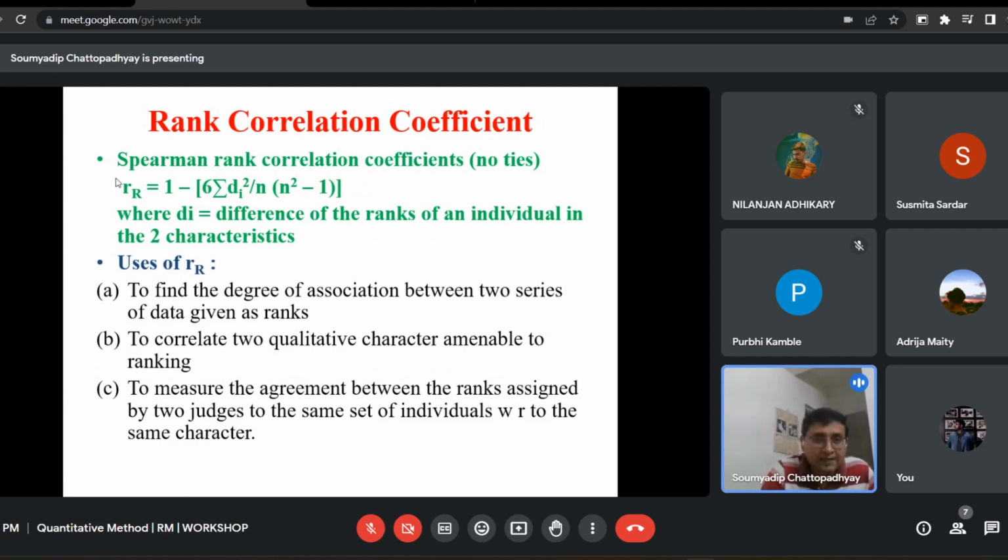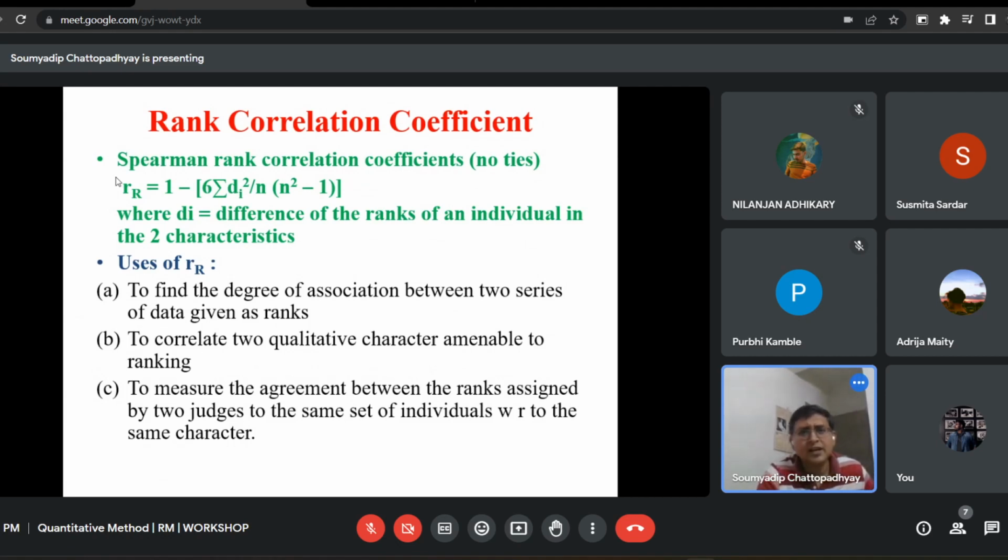And these are the different uses of rank correlation. One, you can find the degree of association between two series of data which are given as ranks. You can find the correlation between two qualitative characters which are amenable to ranking, and you can also measure the agreement between the ranks assigned by two judges to the same set of individuals with respect to the same character.